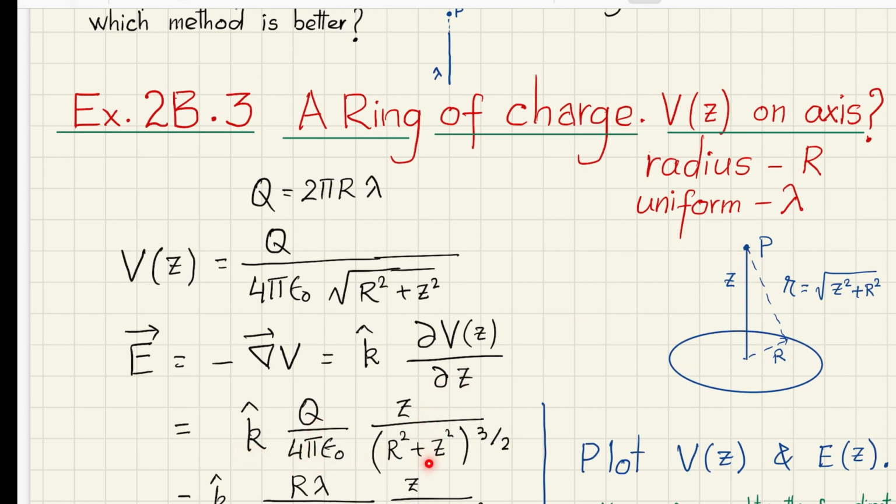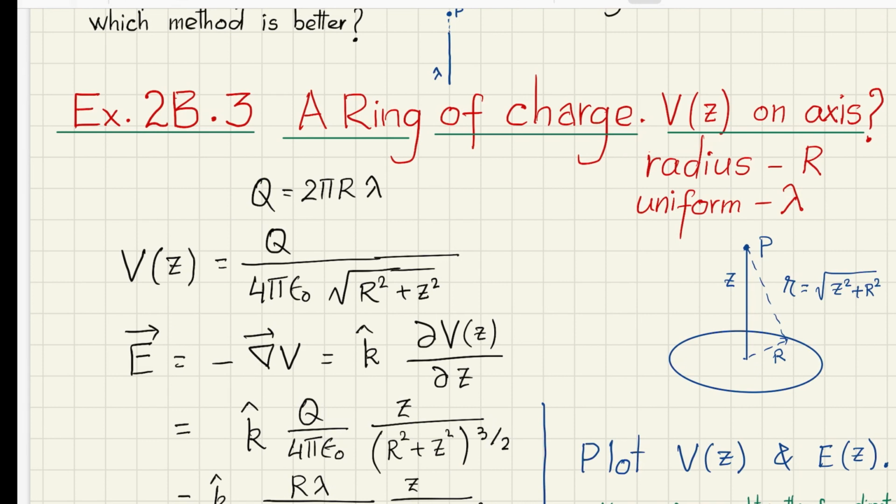So instead of Coulomb's law, going from charge directly to potential is a lot easier, and in fact you can get E a lot more easily.